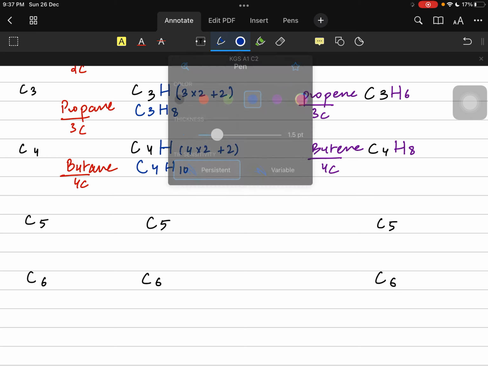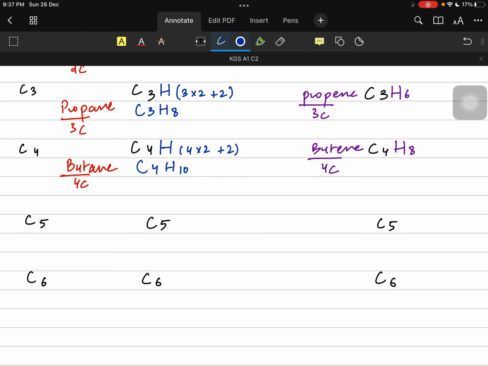For alkane, I double the number and then I add extra 2. So 5 2s are 10, plus 2, becomes 12. So a 5 carbon alkane would be C5H12 and a 6 carbon alkane would be C6H14.